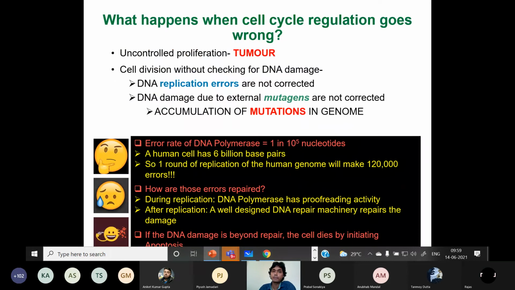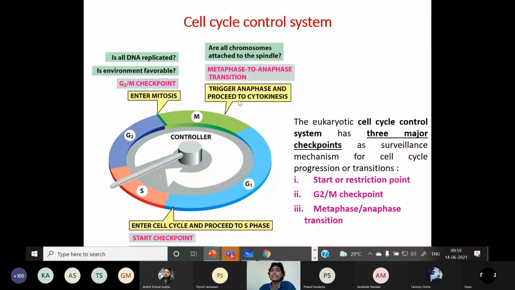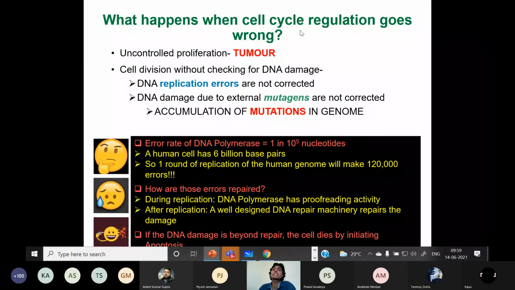But what happens when cell cycle regulation goes wrong? Because we are assuming that all these checkpoints are properly functioning, and then no mistake will happen. But when cell cycle regulation goes wrong, we will have uncontrolled cell proliferation. What is the outcome? Uncontrolled proliferation means tumor development. Tumor and cancer are almost synonyms, so sometimes we say tumor, sometimes cancer, but that is okay.